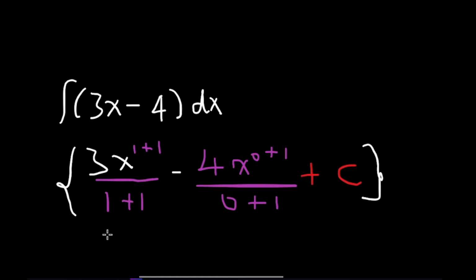So this is going to be 3x to the power 1 plus 1, which is 2, and then we're going to have 1 plus 1, which is 2, and all this will be minus 4x to the power 1, which is basically 4x, and here we have 0 plus 1, which is 1. 1 into 4 is 4, so there's no need to express that further.